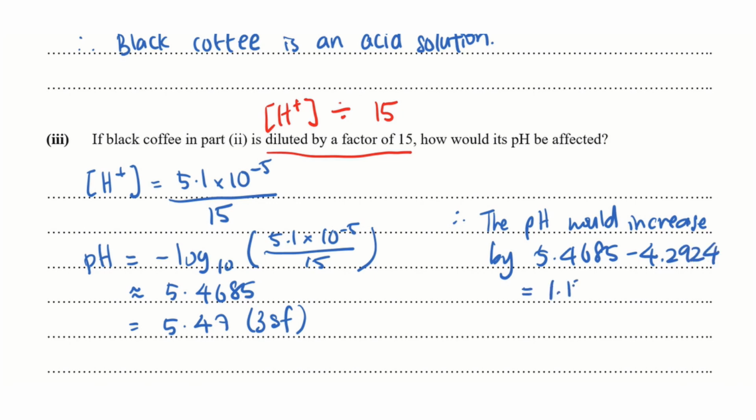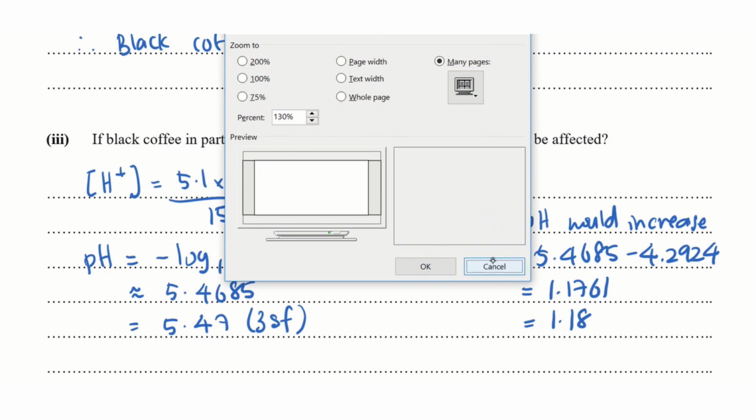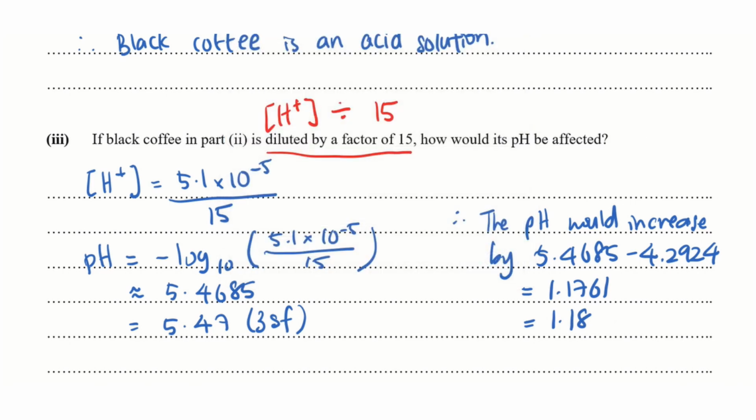That is about 1.1761, and in 3SF will be 1.18. So it will increase by 1.18 in value. Oops, sorry. That means it is actually becoming more of a base solution instead of being acidic anymore.